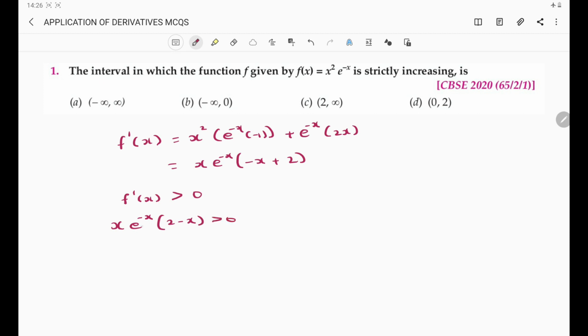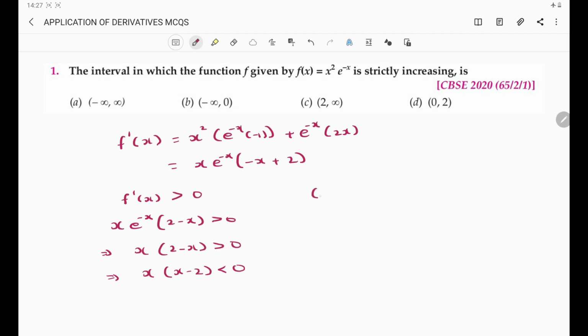Now, since e to the power of minus x is always a positive quantity, we can divide both sides by e to the power of minus x and we get x into 2 minus x is greater than 0. If you multiply by minus 1 on both sides, we get x into x minus 2 is less than 0.